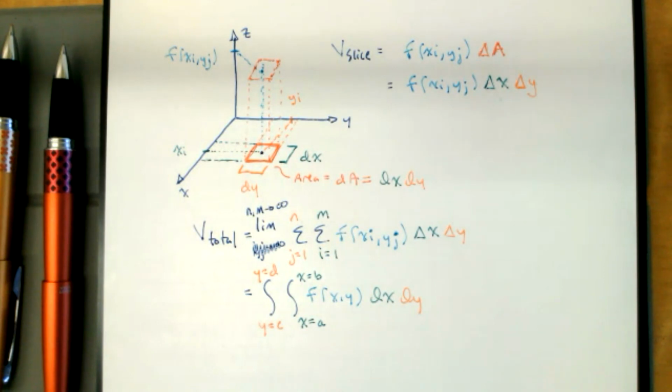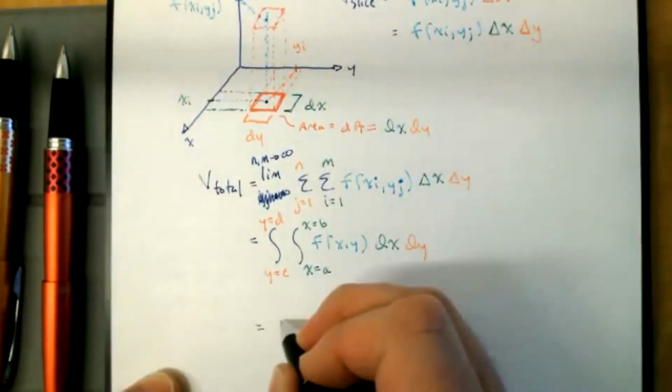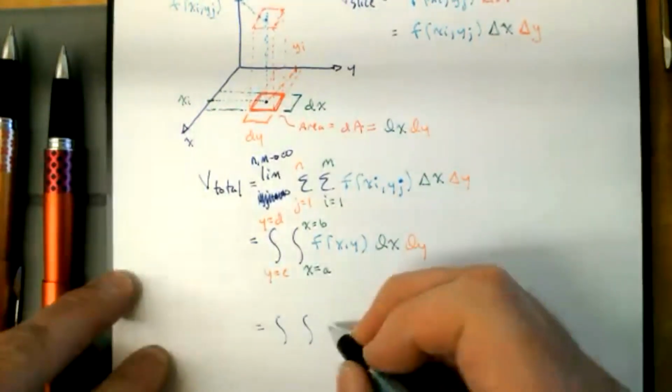So it's important that when we write our double integrals from our double Riemann sums, the integrals correspond. The dx is listed first in dx dy, so the inner integral is going to be the x integral. We can switch things around if we write f at xy dy dx.